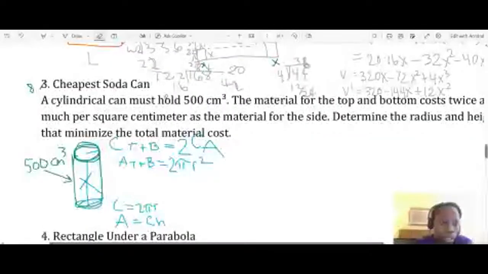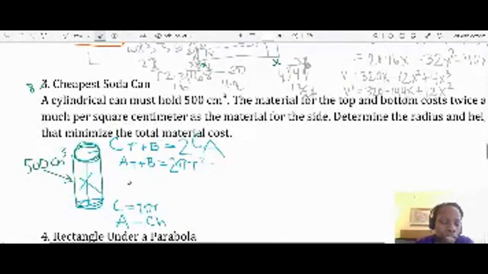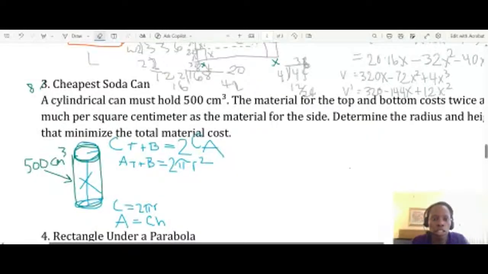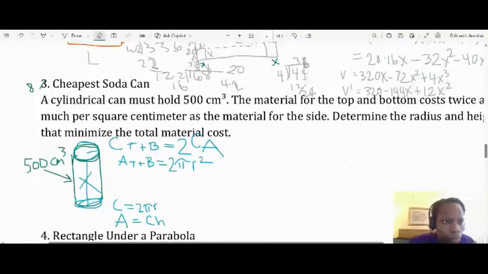Hold on. Okay, so it can hold. So we need to compare that to the volume, right? Since we have the volume, let's find the volume of a cylinder, which is pi r squared h.